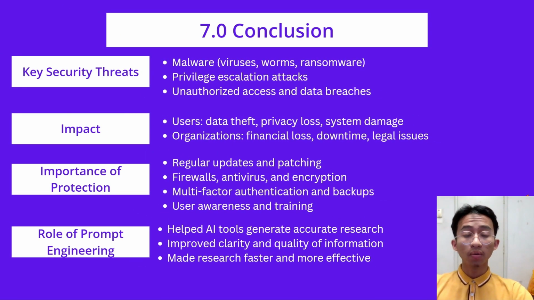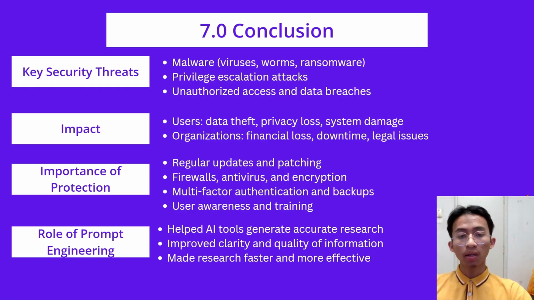7.0 conclusion. Well, we just learned many things from what a few of my teammates explained. So I will be doing a conclusion on each of them. So first of all, key security threats. There are many, such as malware, which can be described in many forms such as viruses, worms, or ransomware.